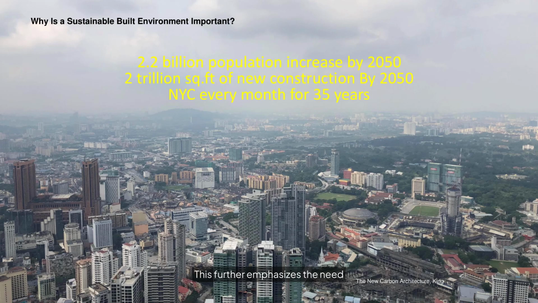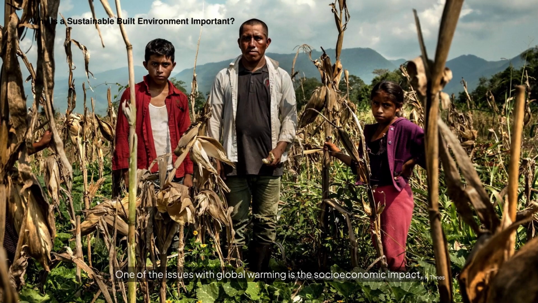This further emphasizes the need for proactive action in the built environment to prevent the world from reaching an irreversible 1.5 degrees Celsius global warming threshold. One of the issues with global warming is the socioeconomic impact, especially for the economically and geographically vulnerable residents.